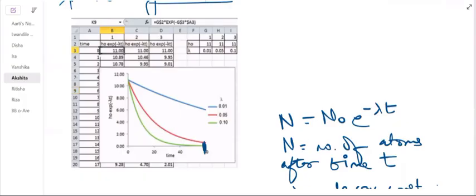Okay. So with the steepness of the graph, you can identify how much half-life it has. Understood? Yes, ma'am. So basically, let me give you particular data of a decay curve.